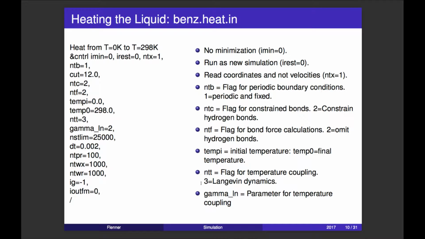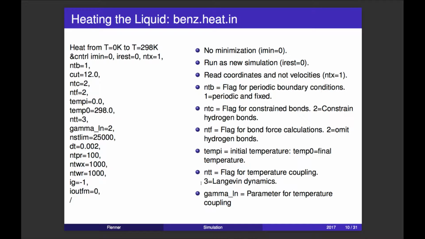And to do this, like I said, there's many different ways to do this. Here I give it a flag, NTT, for Langevin dynamics. And I'll describe in a little bit what that does. Like I said before, you can do just velocity rescaling, scaling it to a certain temperature.